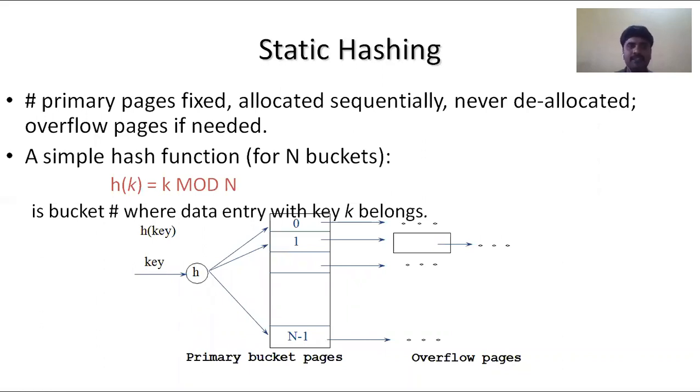Secondly, a simple hash function for n buckets: how does it work? h(k) = k mod n. This is the bucket where the data entry with key k belongs, h(key) ranging from 0 to n minus 1, with primary bucket pages and overflow pages like this.